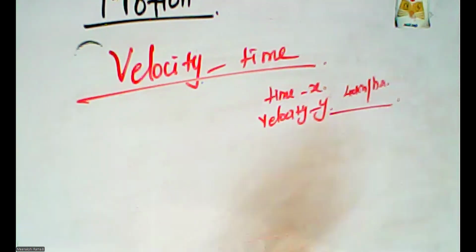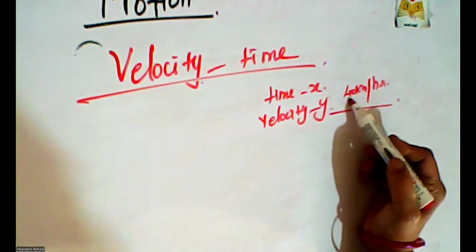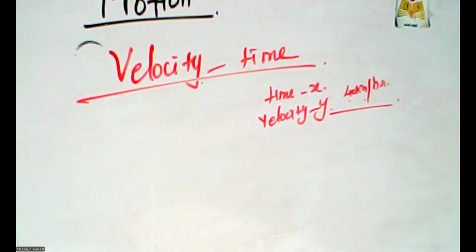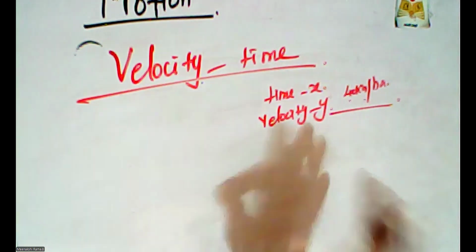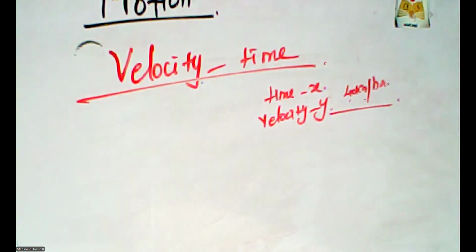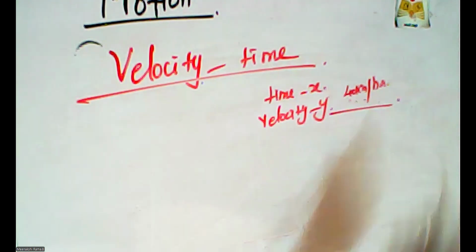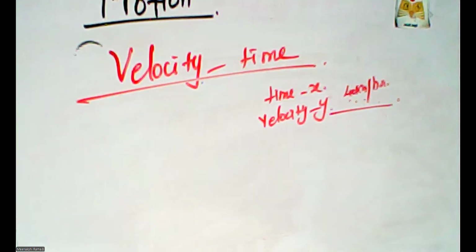Yes, uniform speed means uniform motion. The distance and the time traveled are equal. So in this velocity-time graph also, the velocity of the car is 40 kilometers per hour. Okay. So 40 kilometers per hour means each and every hour the car crosses 40 kilometers.